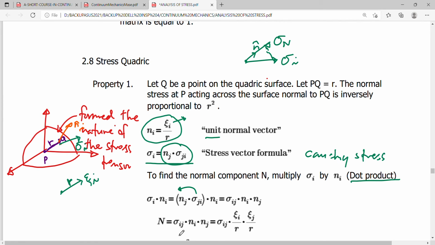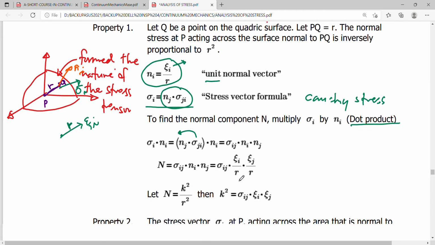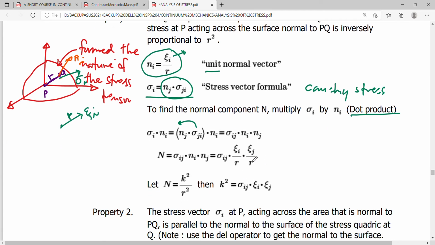such that your equation will come up with sigma ij ni nj, which, if I introduce another direction vector in the form of xi over r, will give another form of the equation: the normal stress is equivalent to sigma ij xi over r dot xj over r.